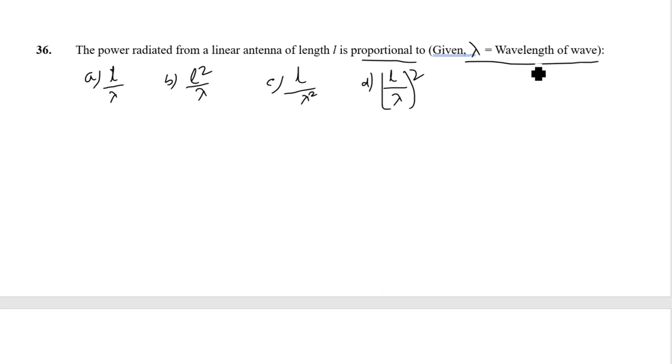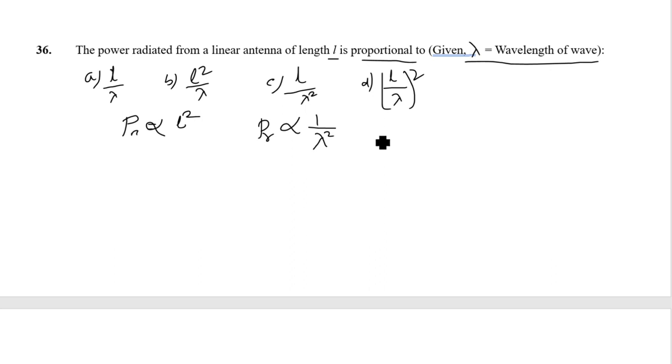So the power radiated by the antenna, which we can denote as P_R, is proportional to the square of the length of the antenna, which is L square, and this power radiated is inversely proportional to the square of the wavelength of the wave.